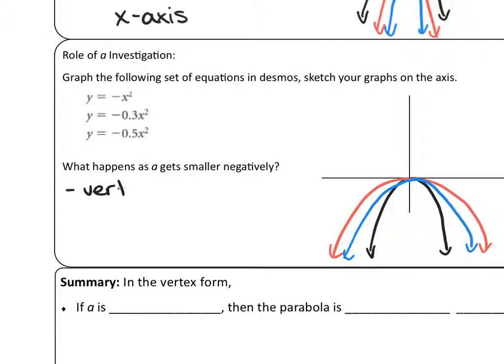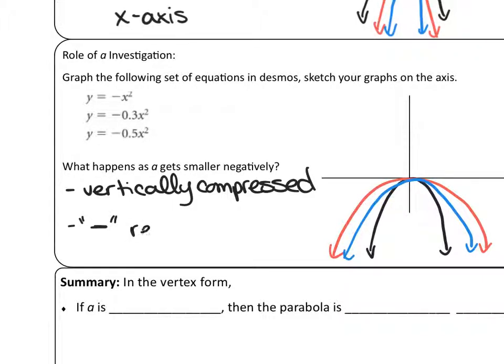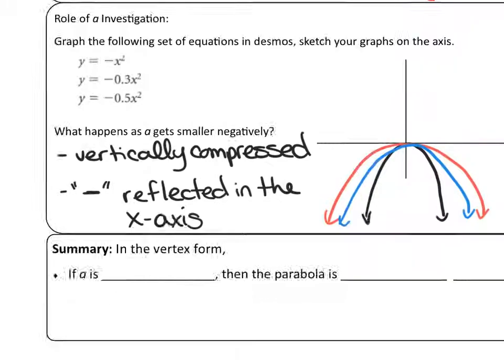It's vertically compressed again. But also, because it's negative, it's reflected in the x-axis. So we get that frown shape again. Instead of our positive smile, we get our negative frown.